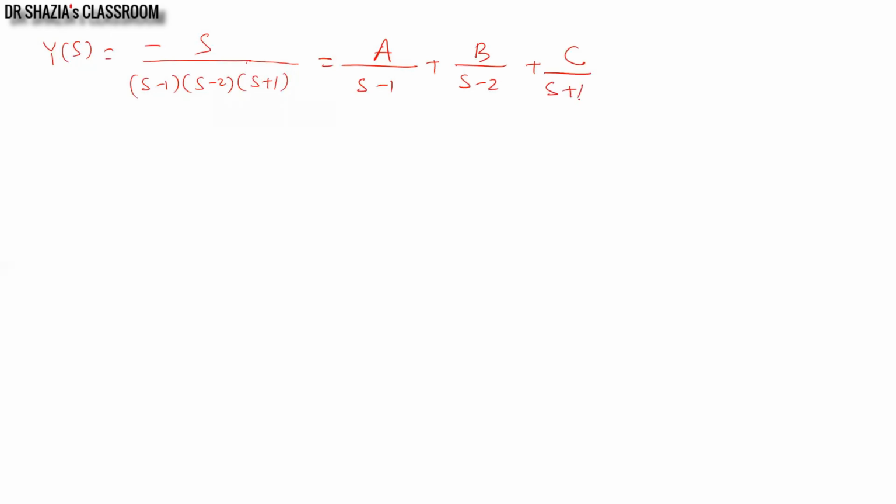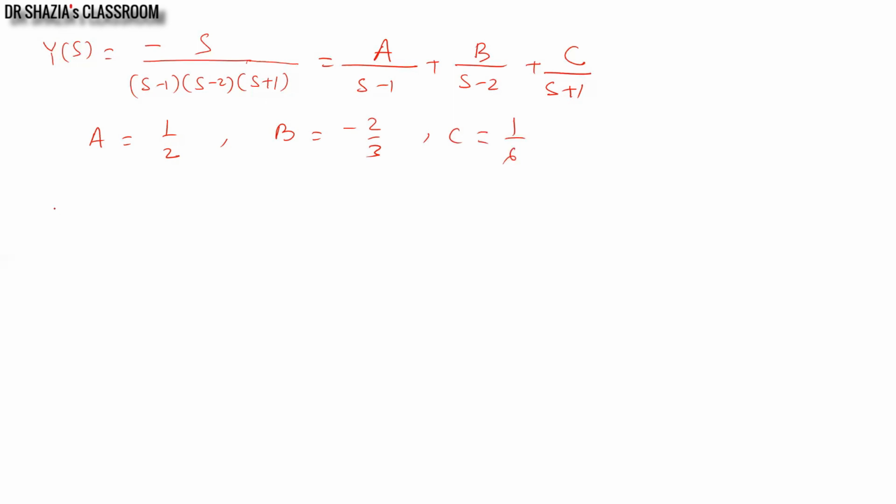Now we will calculate the values of A, B and C using partial fraction expansion. I have already calculated these values. A is 1 by 2, B is minus 2 by 3, and C is 1 by 6.